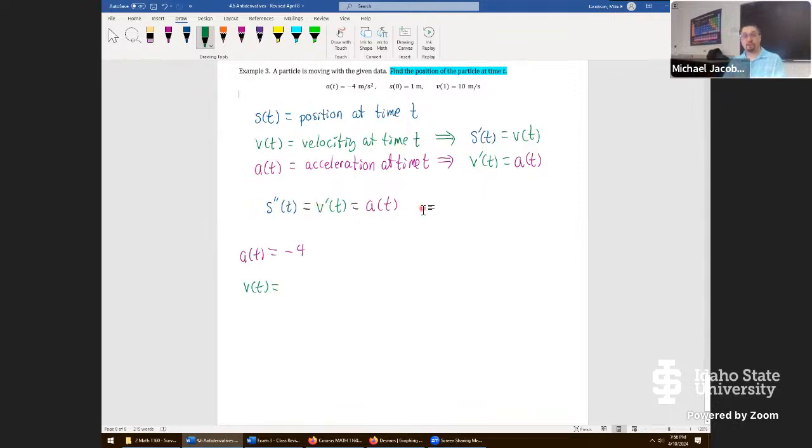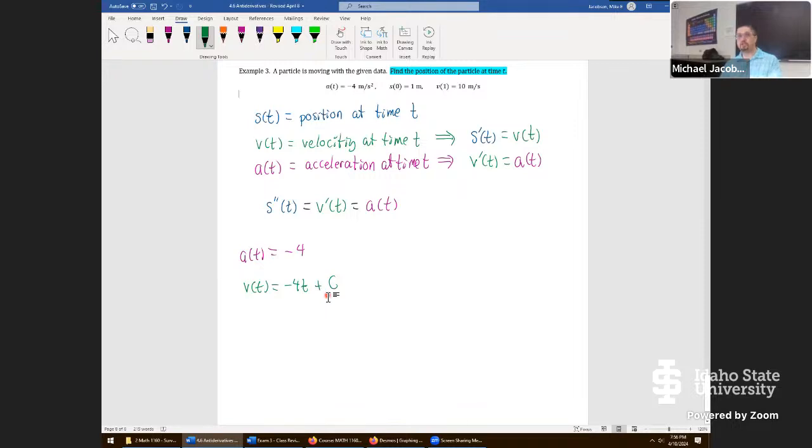That's actually the hardest part of the problem, I'd say. So velocity at time t is going to be -4 times t plus a constant. Now we have to find the position. And when it said the position, we're going for exactly one function here. That means we have to solve for this constant.